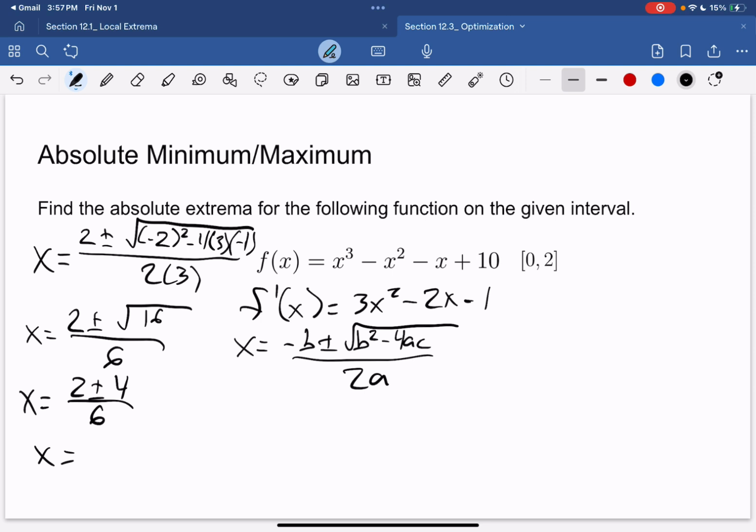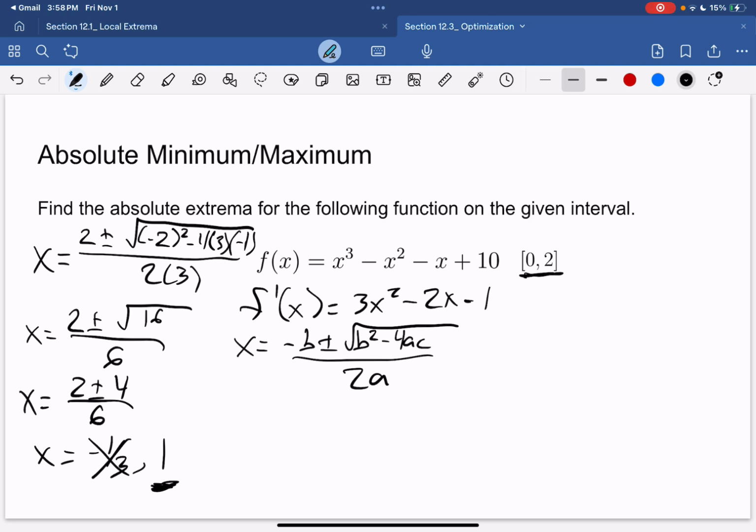So x is either equal to negative 1/3 or x is equal to 1. Okay? So now I only have to consider the function at the endpoints or a critical value that's on the interval. Since my interval is 0 to 2, I only have to consider that 1 point of x is equal to 1. So I can ignore x is equal to negative 1/3.